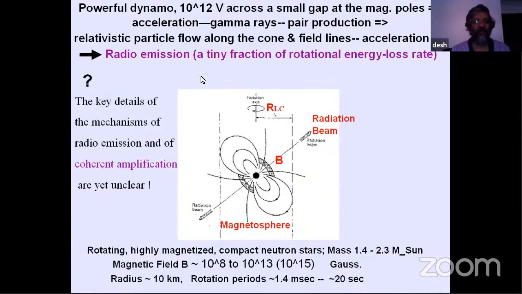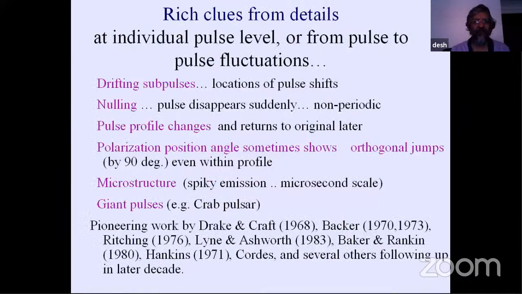The signatures of coherent amplification, of course, the key details are missing, and all studies of pulsar emission would lead eventually to getting closer to learning about how the coherent amplification takes place.